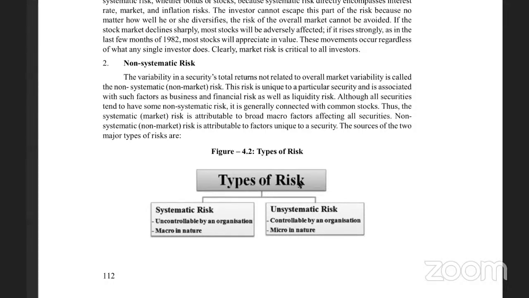What you cannot control is systemic risk because it is market forces which operate. Whether you make profit or loss is not in your hand but in the hands of the market forces. Whereas unsystemic risk is in your hand. You can diversify it, control it, minimize the risk. Please ask me if any doubt here.